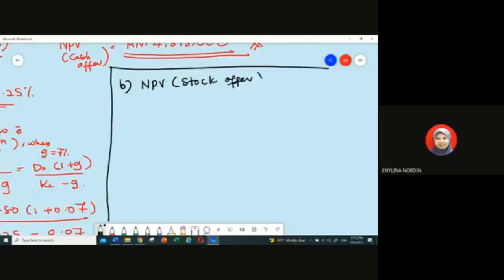So how are we going to calculate? Now, we need to know the exchange ratio. Like I said last time, the first thing we need to know is the exchange ratio. That means how many shares Keramat is going to offer to Wangsa.